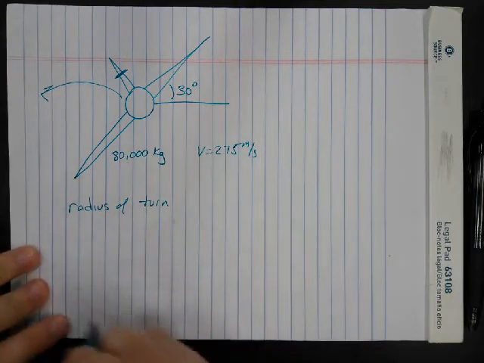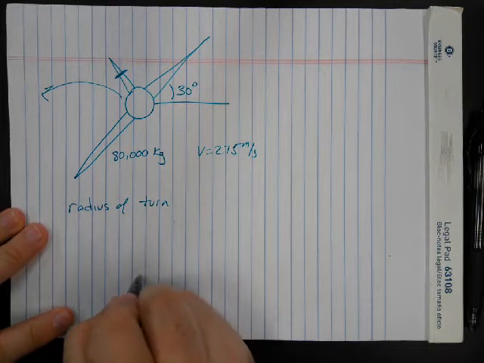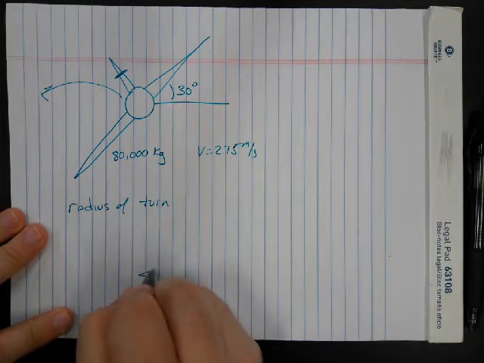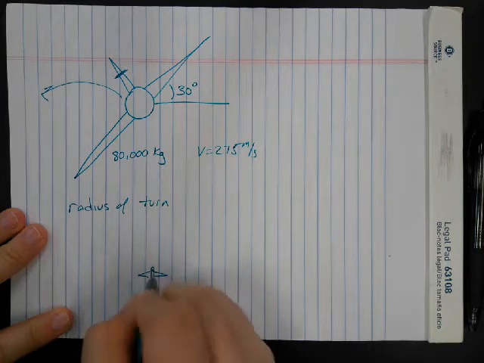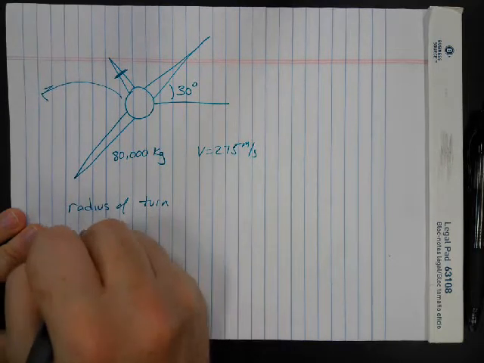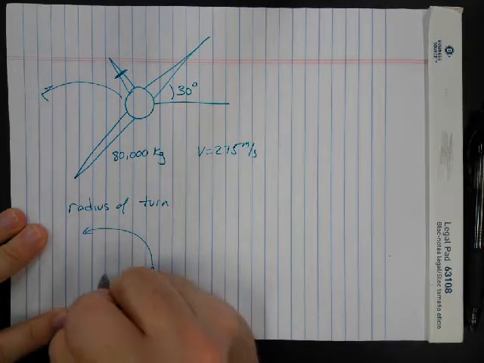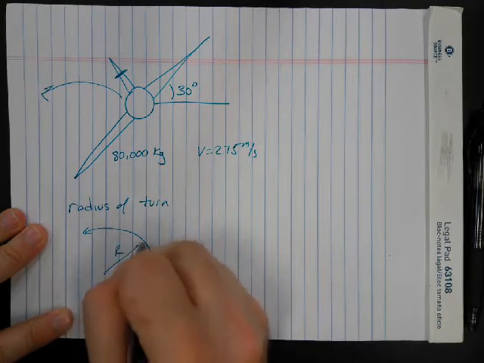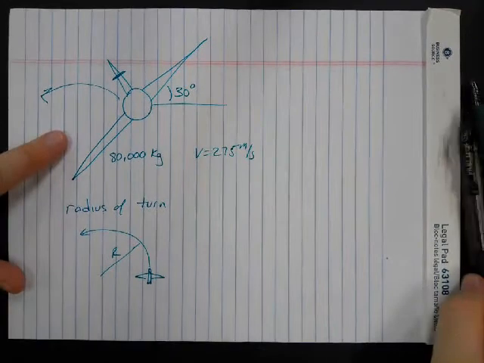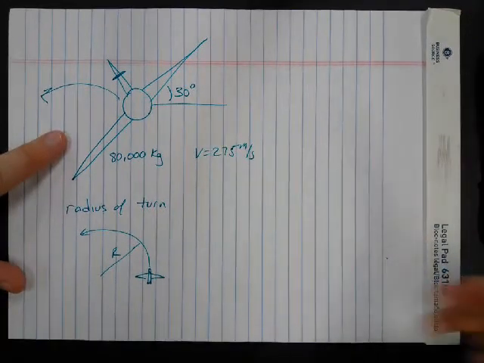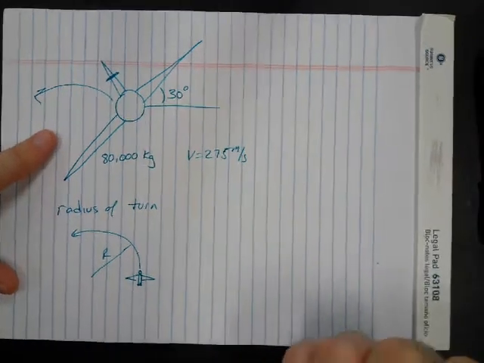So from above, here's our plane, and it's going like this, and we want to know the radius. This is one of those things where we're going to do free body diagrams.